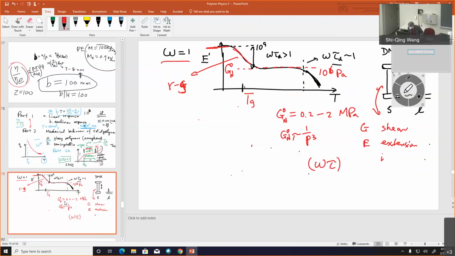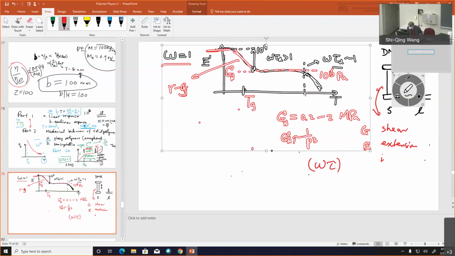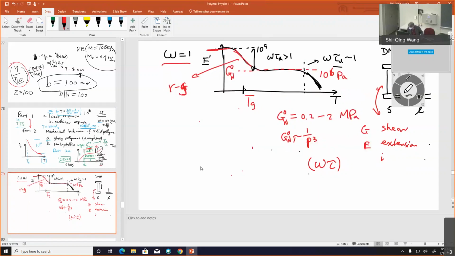Good point. So entanglement, I was trying to give you a sense that you can perceive, around this temperature perhaps, the reptation time matches the frequency, which was 1 that I used. So I may claim that, hear me now, anywhere above TG, your reptation time changes with temperature, right?